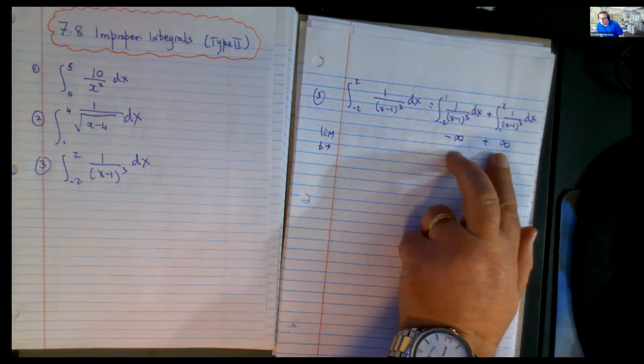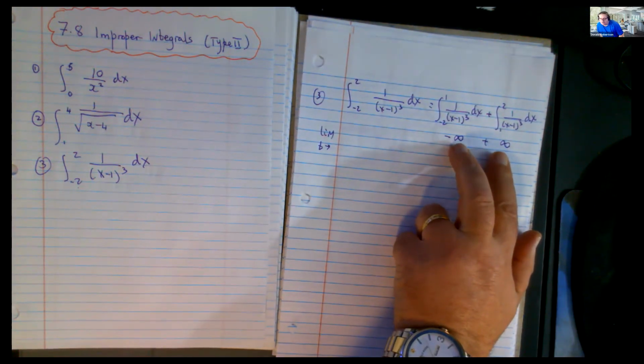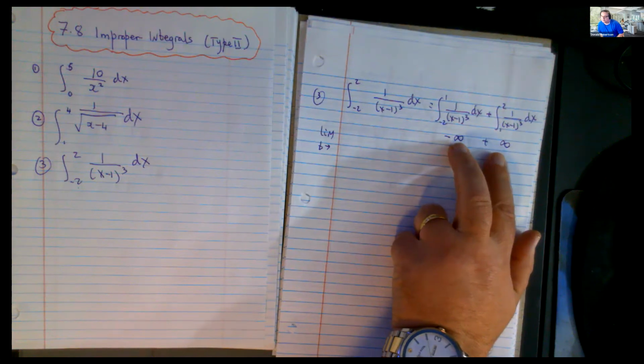What do we do for the answer to this integral if that happens? And don't say 0, because couldn't one of those infinities be bigger than the other? We will say it diverges.